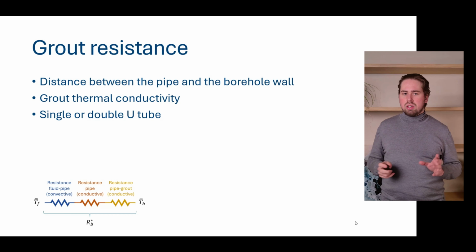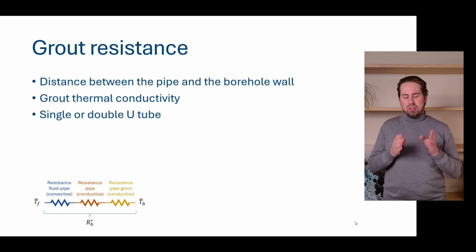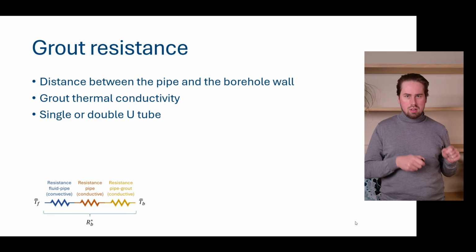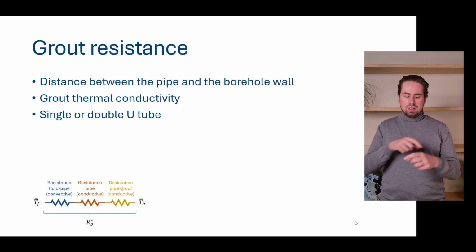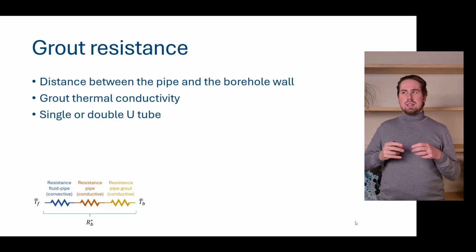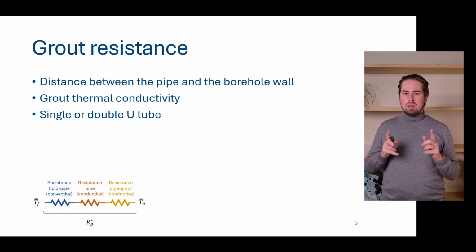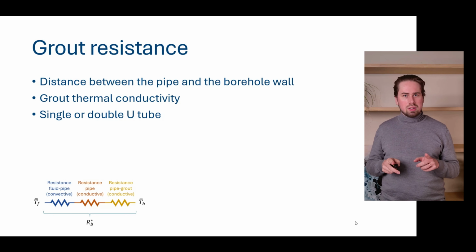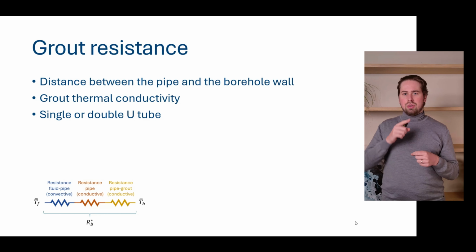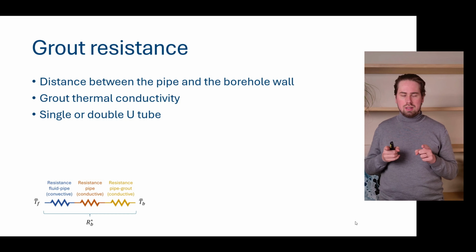But in general, all things considered and all other things being equal, having a double U tube is better thermally than a single U tube, because the surface area is twice as big, meaning that it's easier to transfer the heat to the borehole wall. Now, the very important side note is that if you go from a single to a double tube, your fluid velocity or your flow rate per probe will be different.